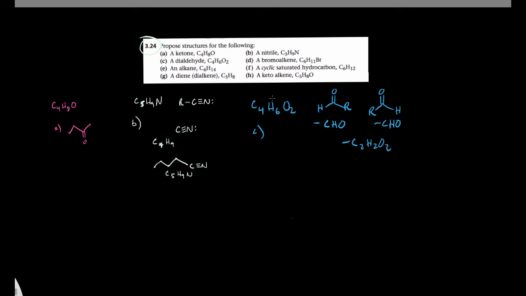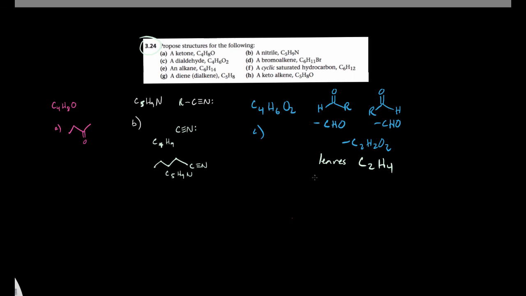So the rest of the molecule, if we subtract 2 CHO groups, that would give us minus C2H2O2. So if we subtract C2H2O2 from this, that leaves us with C2H4 and no oxygens.